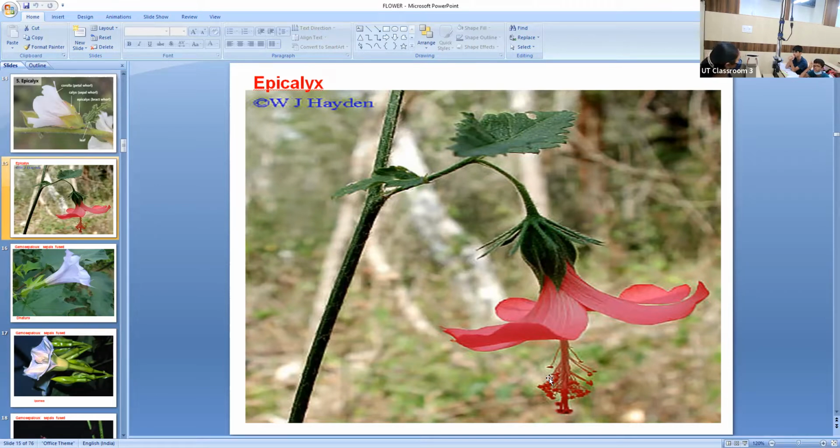But is it possible for a flower, if calyx is not there, can they undergo the process of fertilization and seed formation? Yes, there are some other alternative methods. If the petals are not brightly colored and scented, can the process of pollination, fertilization, seed formation happen? Yes, that may happen. We come across plants which are bright colored, scented, and plants which are white also, with no scent, no fragrance, nothing.